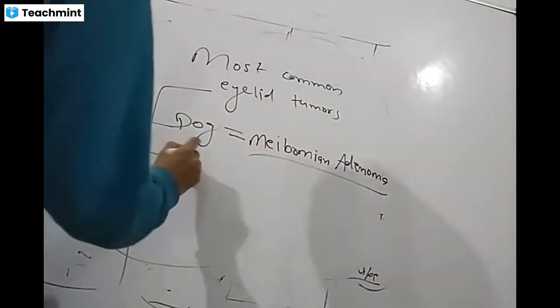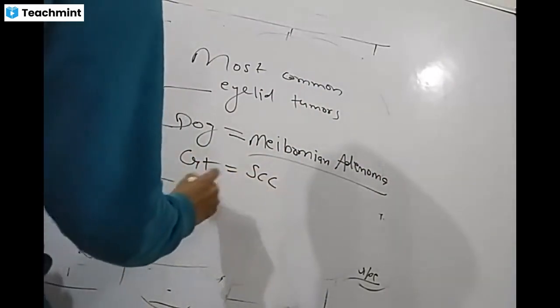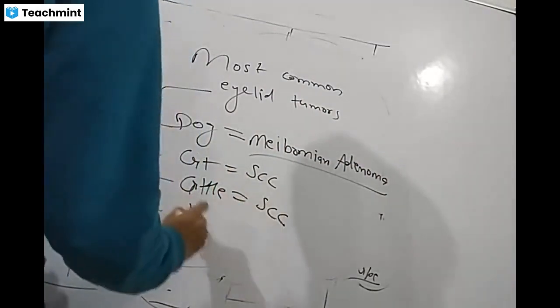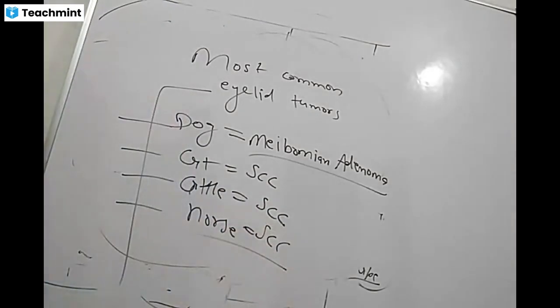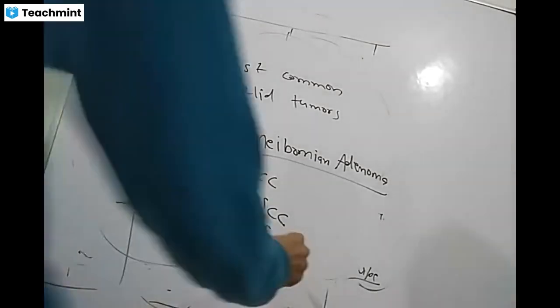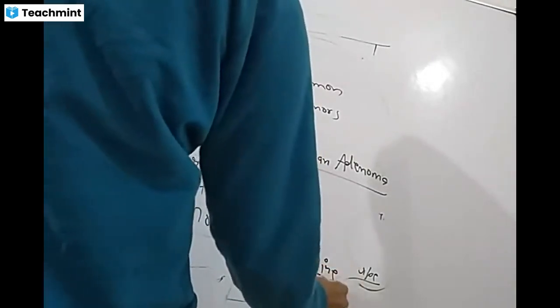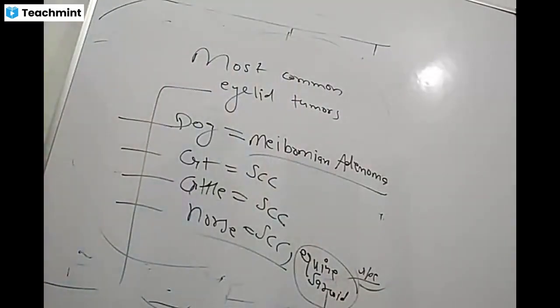In case of cat, squamous cell carcinoma. In case of cattle, squamous cell carcinoma, and in case of horse, squamous cell carcinoma or equine sarcoid. These are the most common eyelid tumors in different species.